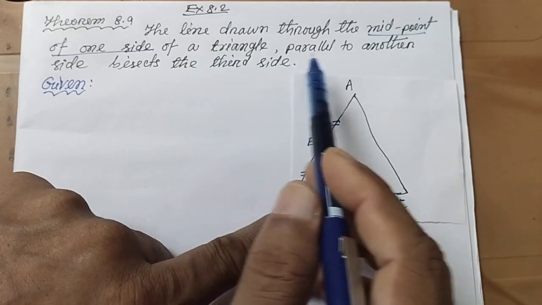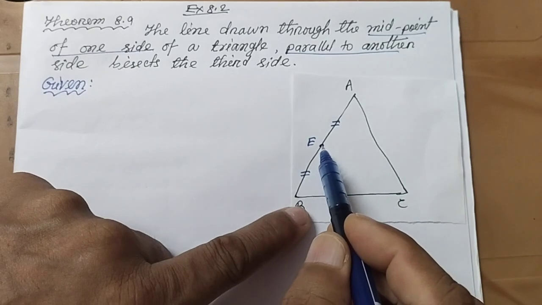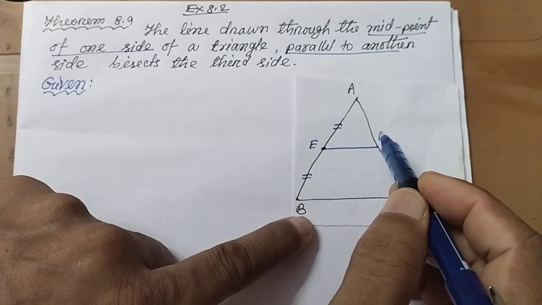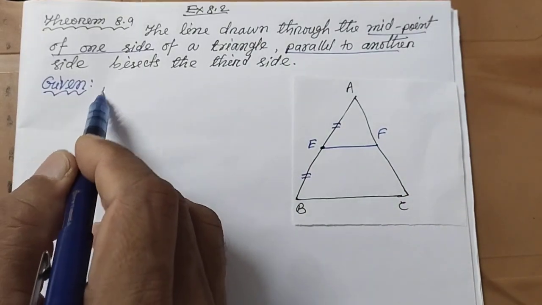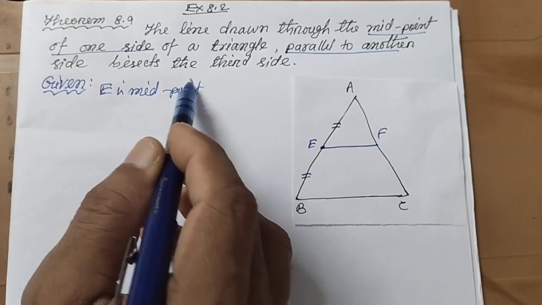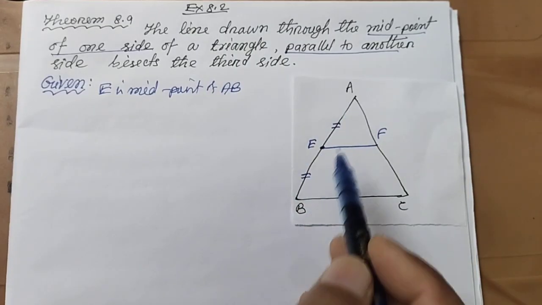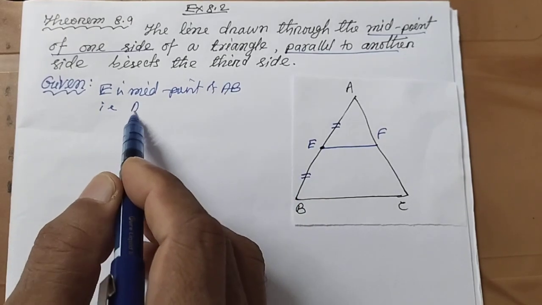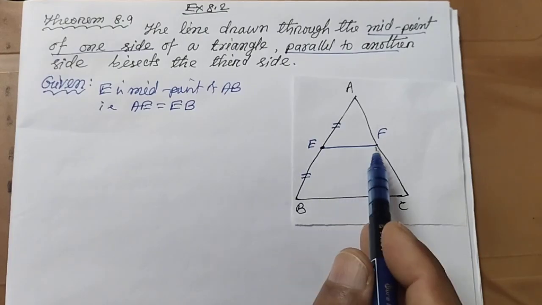The second condition is a line drawn parallel to another side. So through this point you draw a line parallel to another side, that means parallel to BC, and mark this point F. So the conditions given here are: E is the midpoint of AB, so AE equals EB, and also EF is parallel to BC.